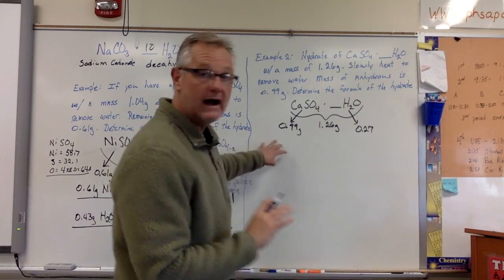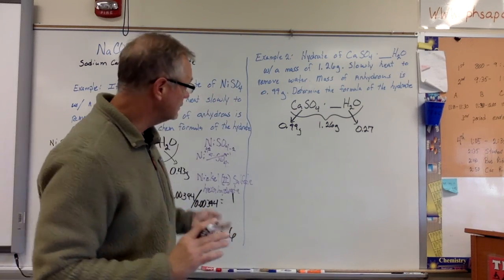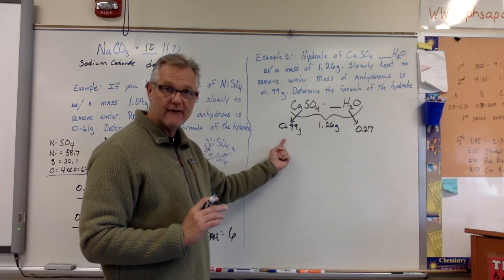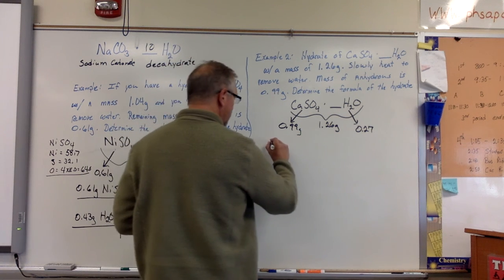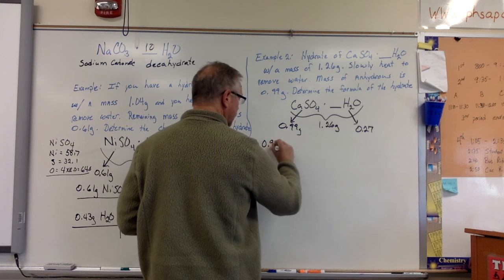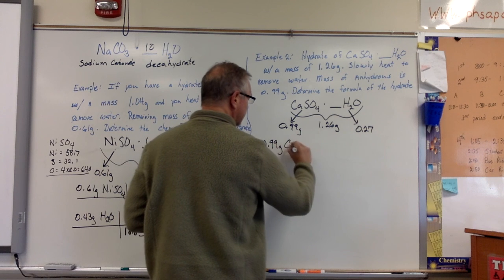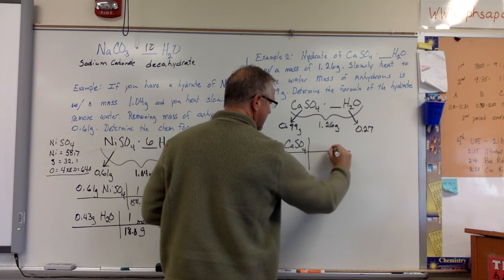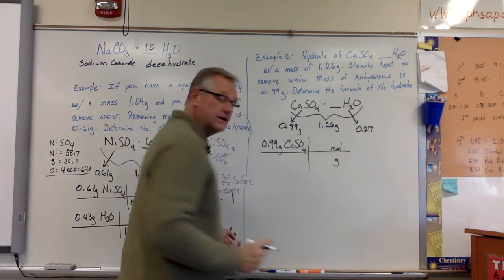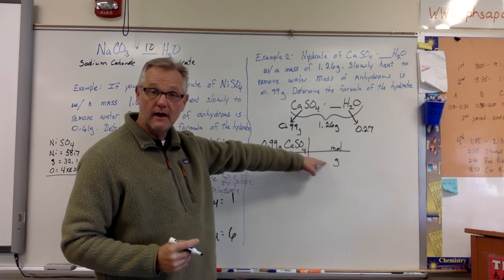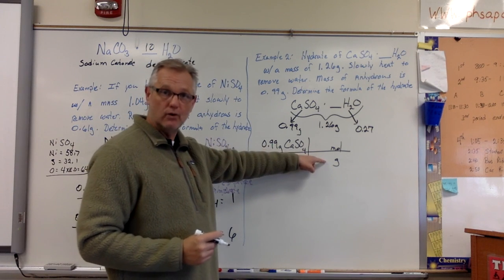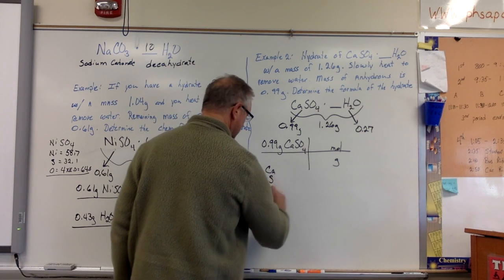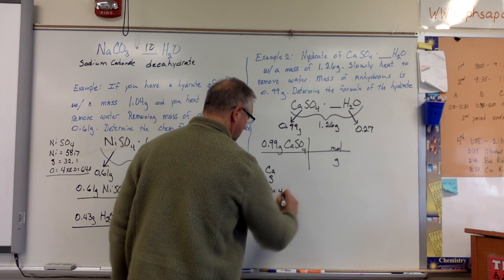Guys, once you figured this out, that is the hardest part of it. Because now, all I have to do is take this, follow my mole map, and change that from grams to moles. So I'm going to say 0.99 grams of calcium sulfate. And then I'm going to change it to a mole. To do that, I have to know that the grams and mole relationship is the molar mass. So what is the molar mass of a calcium, a sulfur, and 4 oxygens?